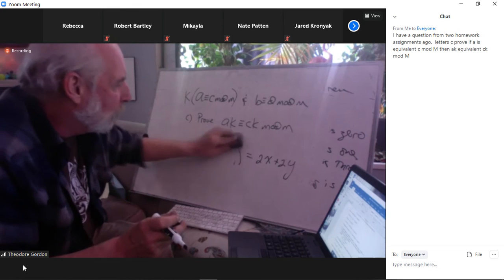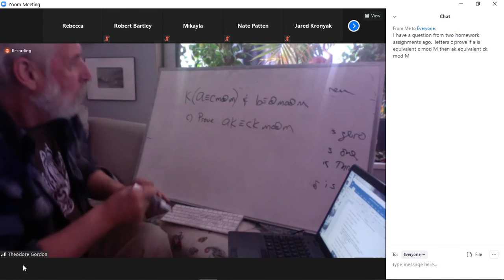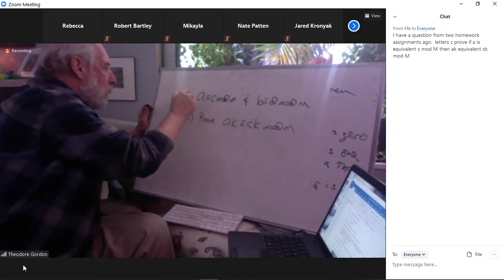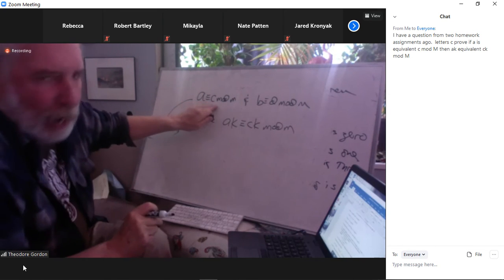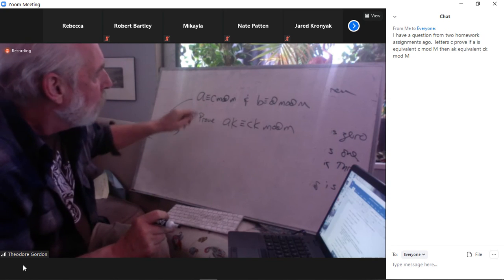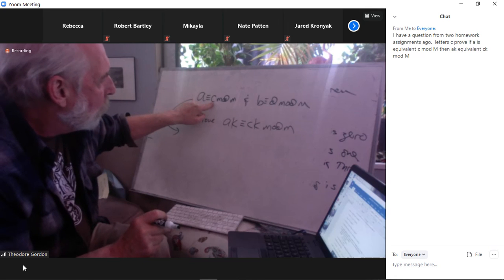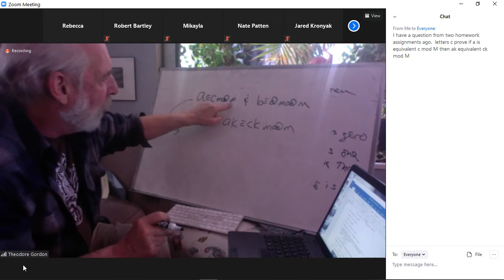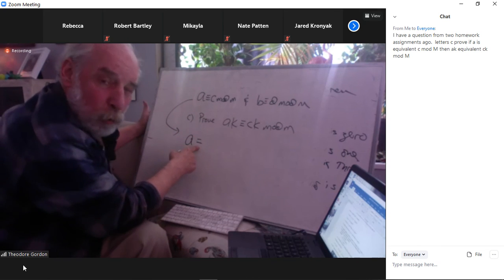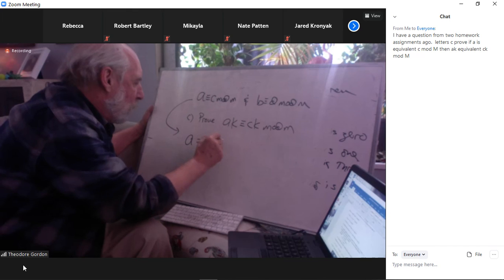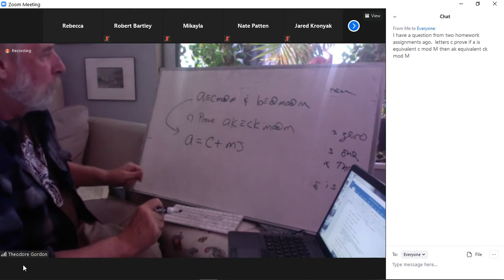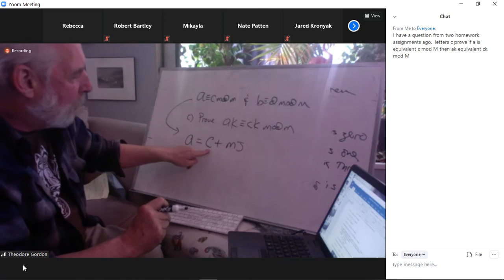So here's how we prove this. We use the definition. We're going to take this out of modular and write it as regular arithmetic. So we can think of C as the remainder when A is divided by M. So A is equal to, now this is equal, real arithmetic, C plus M J. So you divide A by M, and this is the remainder.